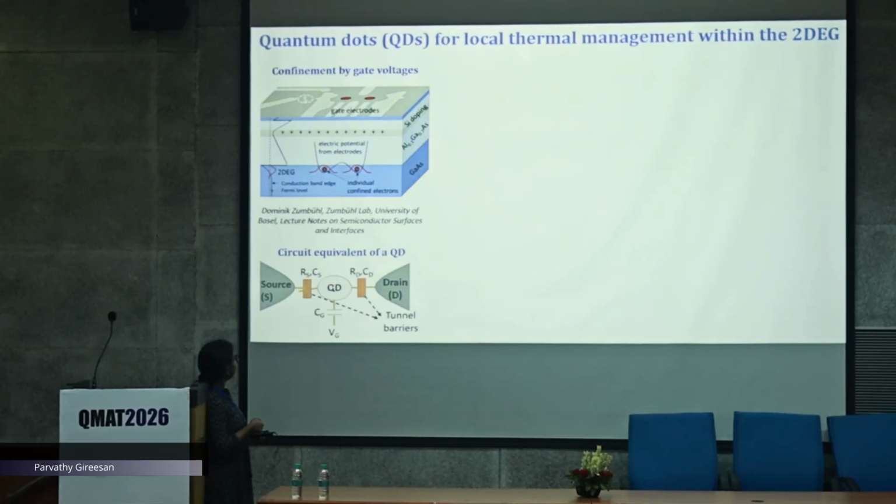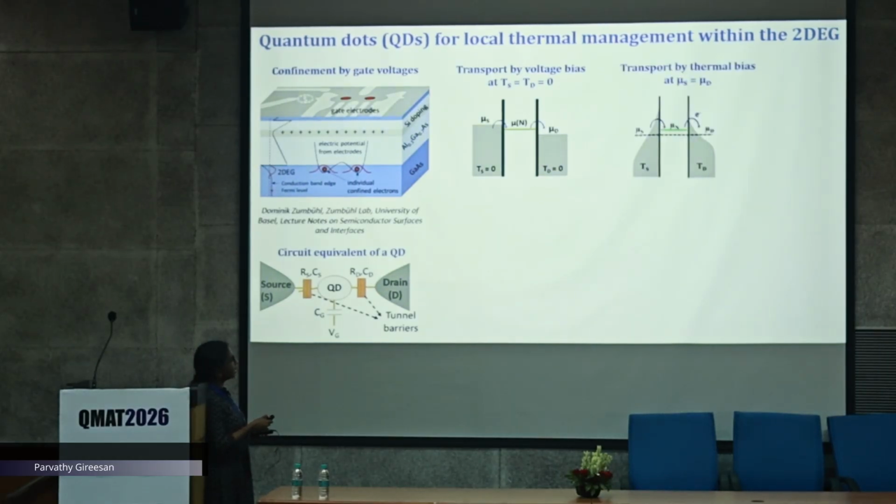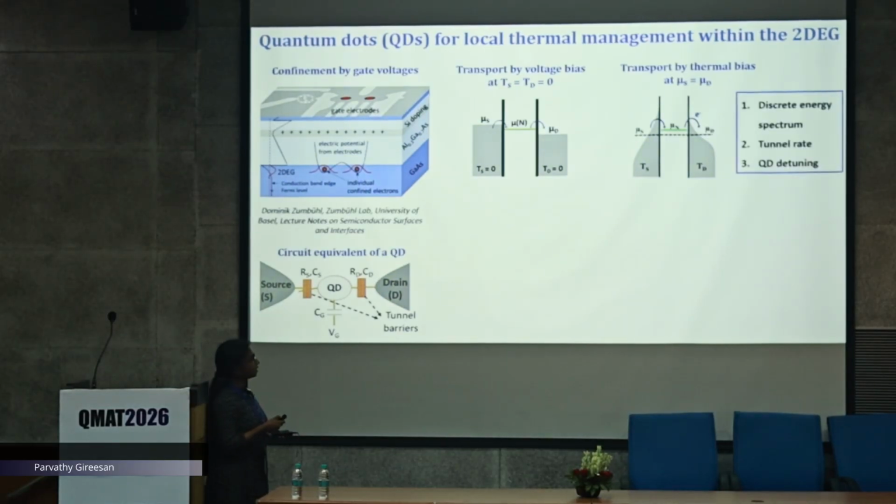This quantum dot is coupled to the remaining parts of the 2DEG by tunnel barriers. A net tunneling event can happen across the dot whenever there is an energy level available within the transport window. This can be driven by either a voltage bias which offsets the Fermi levels, or by a thermal bias which causes different smearing. In either case, the discrete energy spectrum gives an energy filter for tunneling.